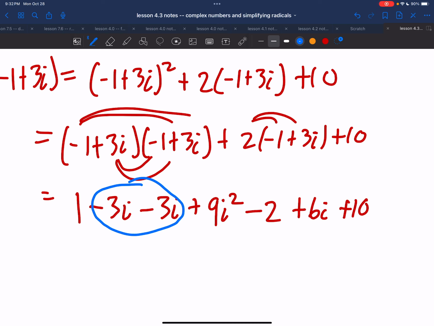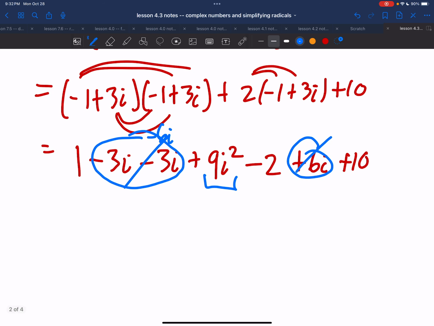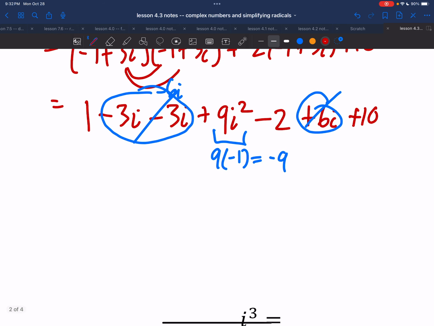These two make 6i. In fact, they make negative 6i, and that's positive 6i. So those cancel each other. And again, that's 9i squared. i squared is negative 1. So that's 9 times negative 1, which is negative 9. And so if I make that simple substitution, I get 1 minus 9 minus 2 plus 10.